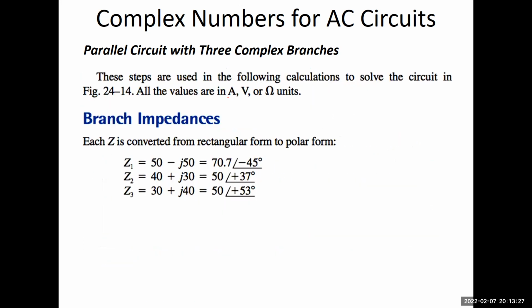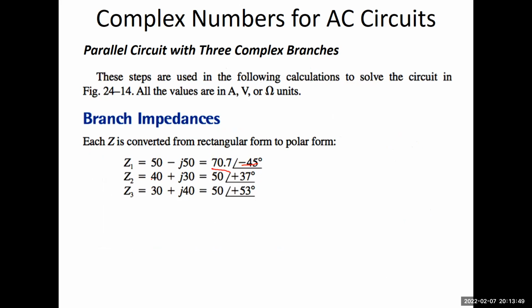Z sub 1, Z sub 2, and Z sub 3. So again, each Z is converted from rectangular form. So we have 50 minus J50. So that is converted to polar form. That is 70.7 with a phase angle of negative 45 degrees.